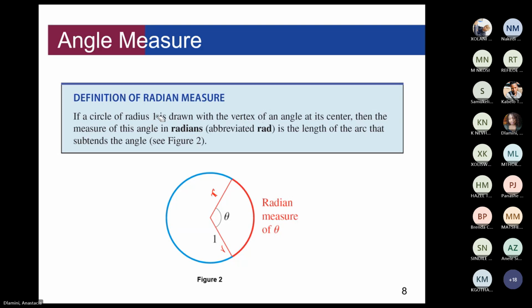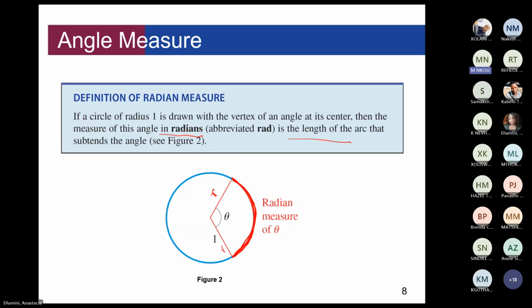Can you please repeat that, ma'am? So they're saying that if you have this angle over here, then the measure of the angle in radians is the length of this arc. Are we together?